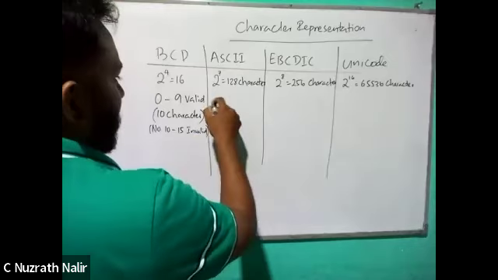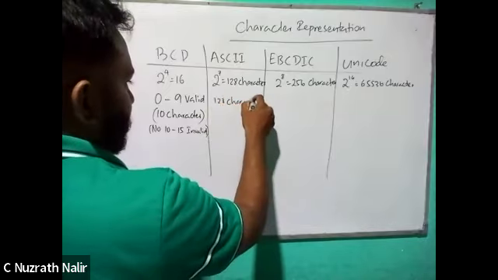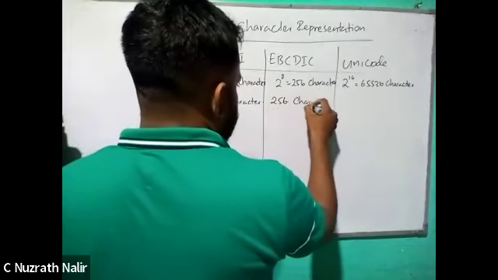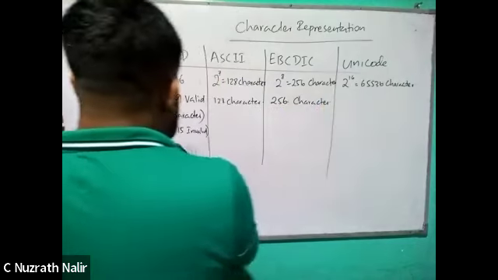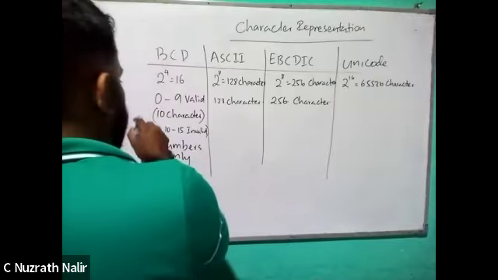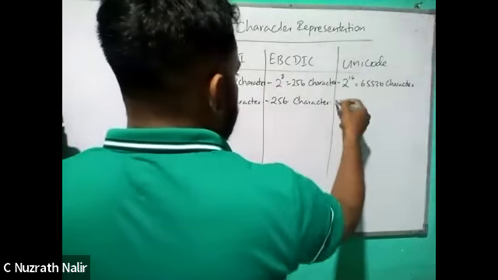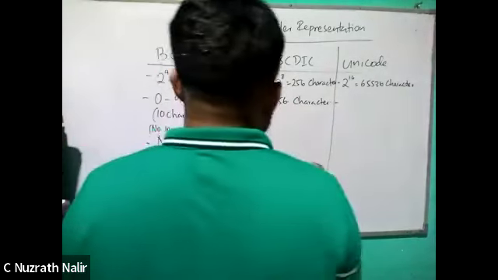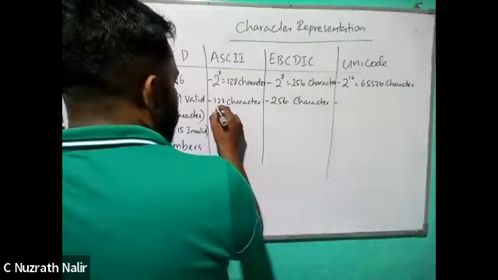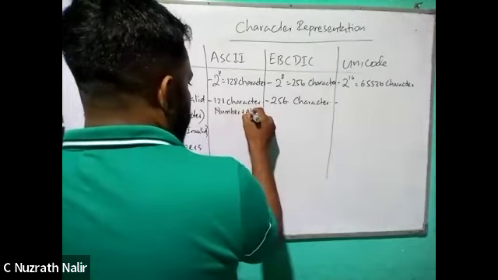But here, all the 2 to the power 7, 128, are characters. Here, 256 characters. Here, numbers only. Okay, this one is this and this. And here, because you can see it's universal character. So this is the character set, number plus alphabet.